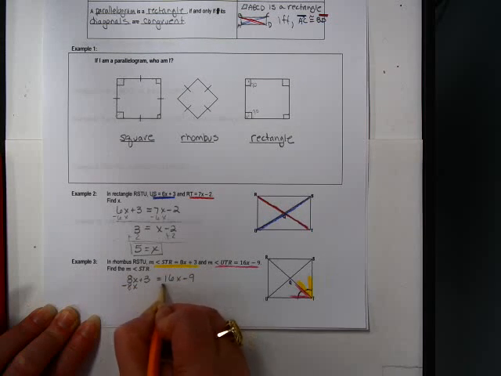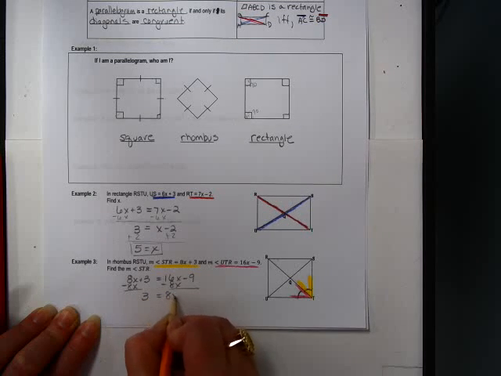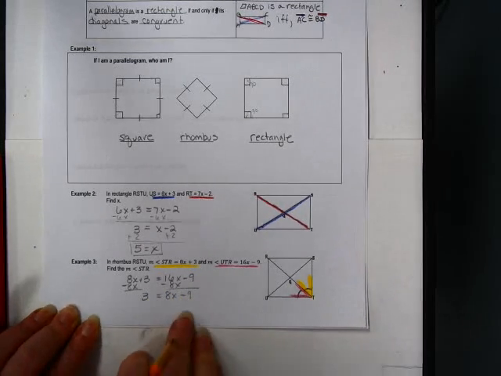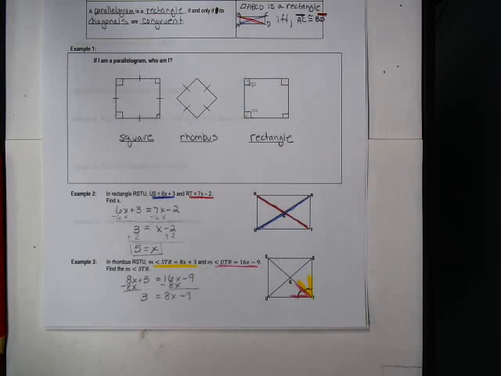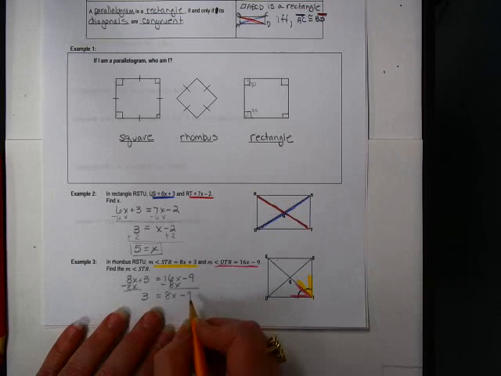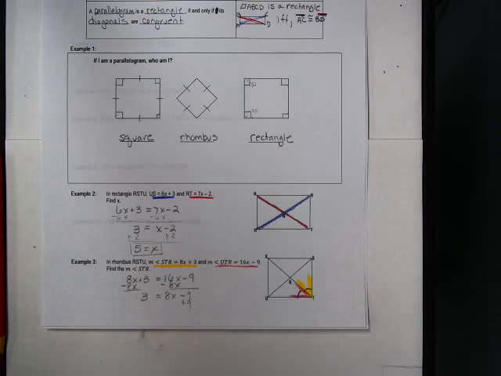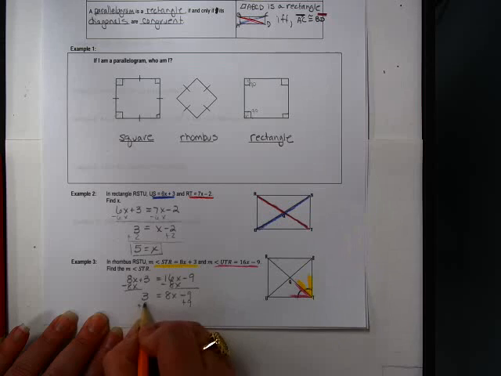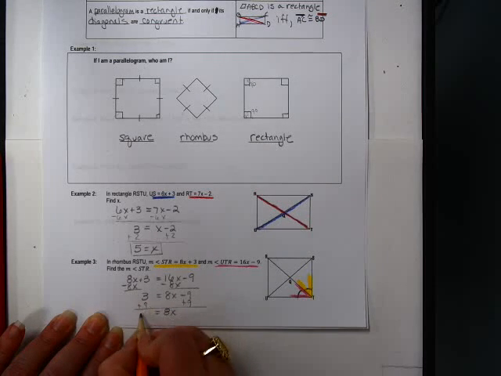Subtract 8x from both sides. I get 3 on the left equaling 8x minus 9 on the right. Okay, add 9. I get 8x equaling 12.